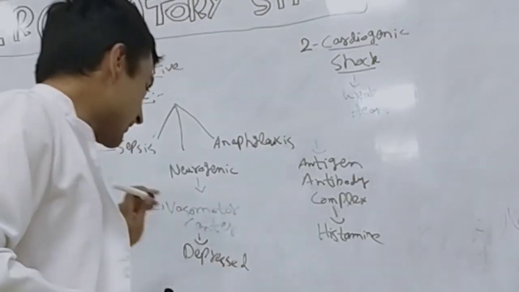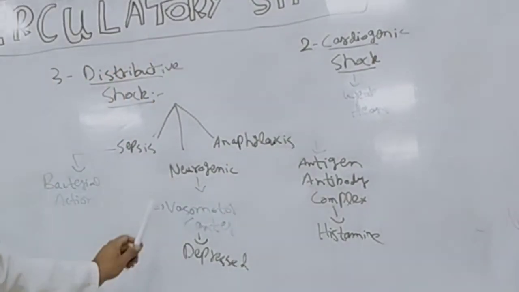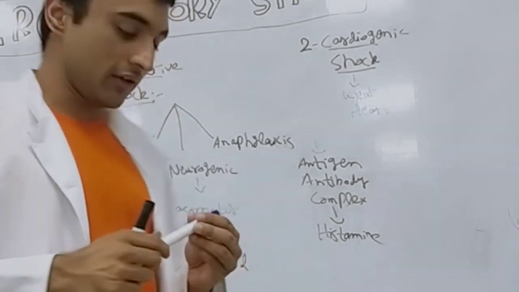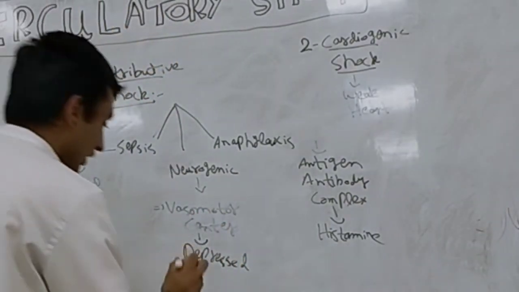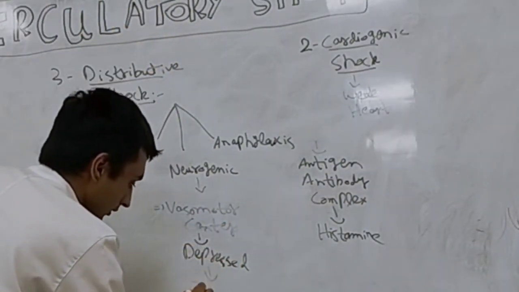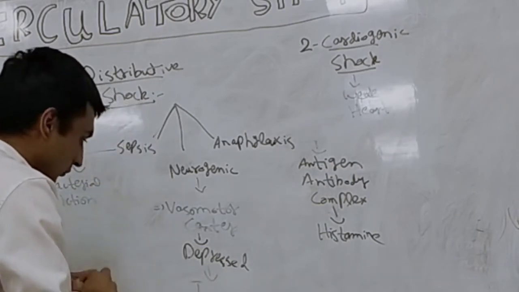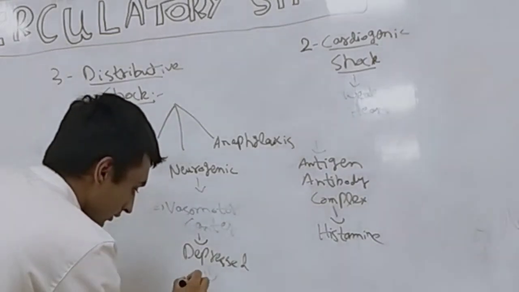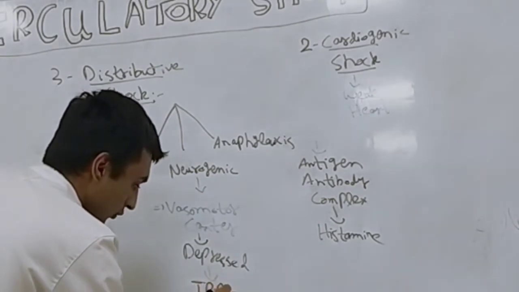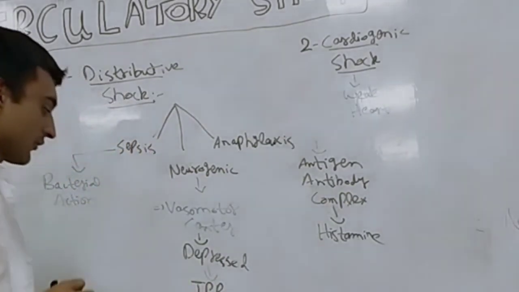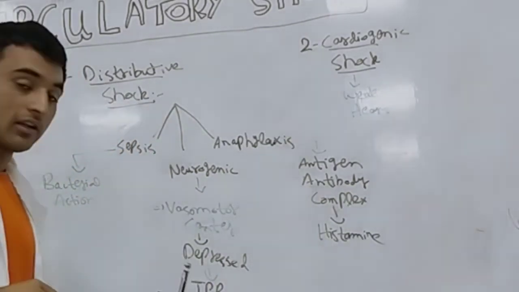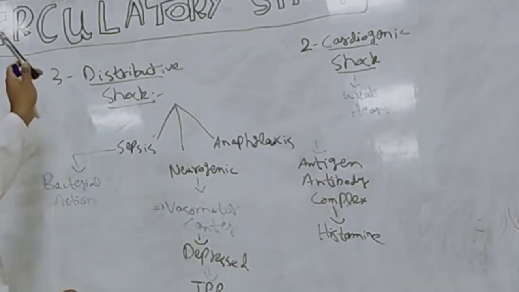Its depression would lead to the decrease of the total peripheral resistance, which is said to be the TPR. A decrease in the total peripheral resistance can actually lead to the circulatory shock.